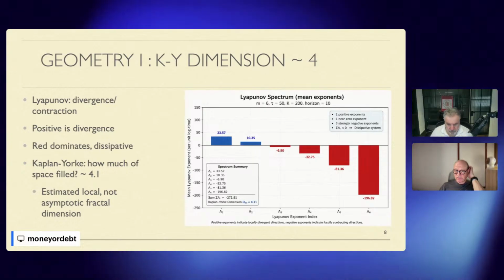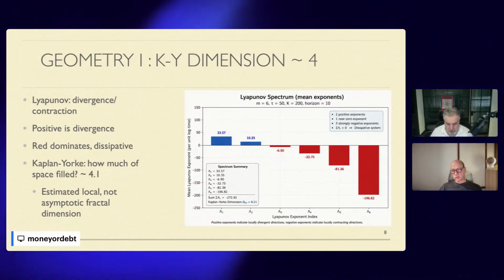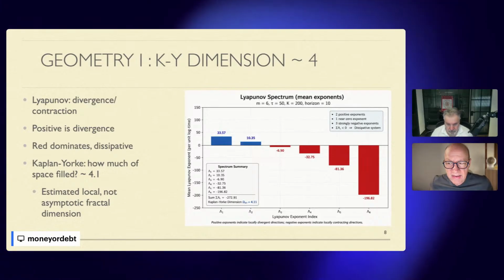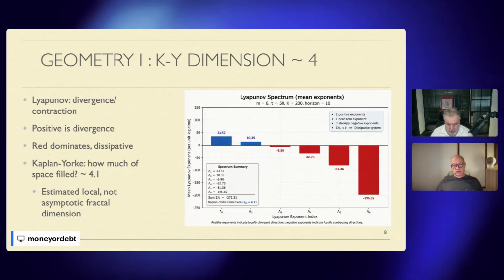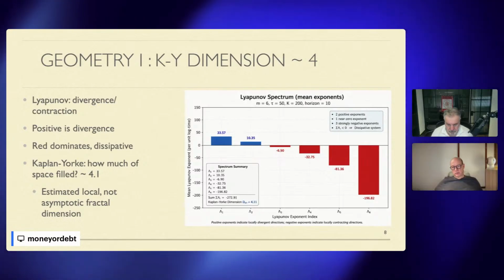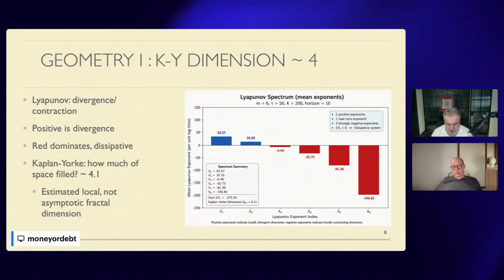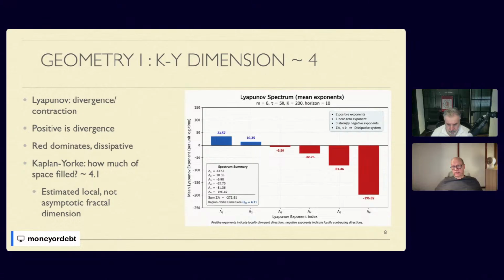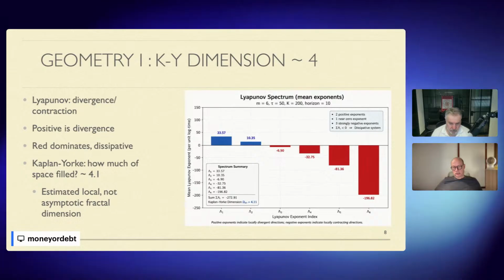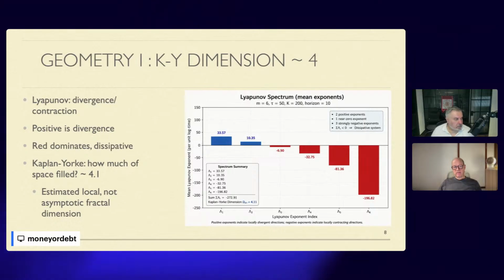And then the trick to estimate the dimensionality is you start with the strongest one, you add the next one, and you add the next one, and you keep adding until you get to 0. And that estimates the dimensionality. And so we end up at about 4, because you can see that the third and fourth one, denoted by these capital lambdas, offset the first 2. And overall, it's strongly negative, and that means it's a dissipative system. It's kind of reverting back to form and reverting back to its core behavior.